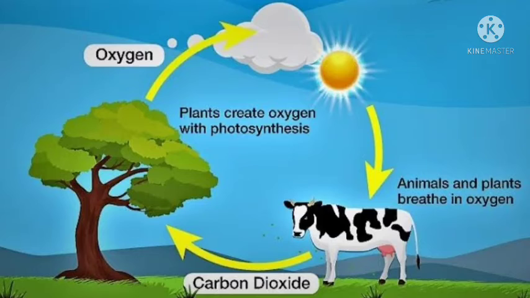The amount of oxygen produced by the plants during photosynthesis is more than the amount of oxygen used by living organisms during respiration.